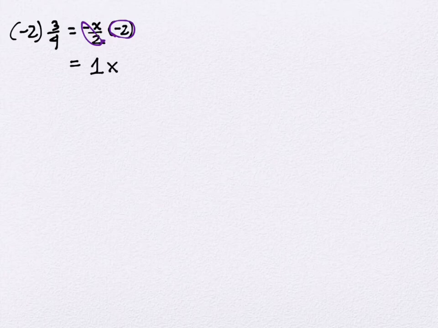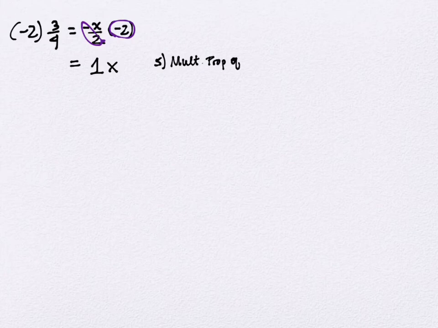So this gives me 1x on the right, and that is, I think I'm on step 5, kind of. The multiplicative property of equality allows me to do the multiplication, and it's the multiplicative inverse that's giving me the number 1. Both of those are at play in that one. What do I get on the left-hand side?